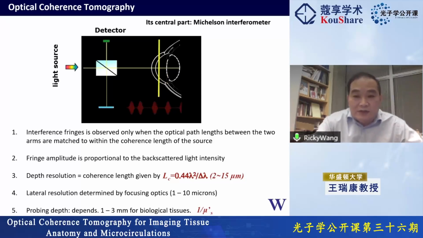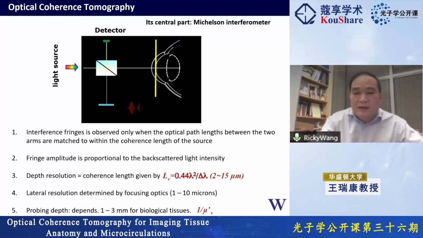And the second resolution is the lateral resolution, because we are looking at an imaging technique. Imaging is looking at 3D space, right? So you have the depth resolution, and you also need to consider the other 2 directions. The other 2 directions, the XY direction, we call lateral resolution.